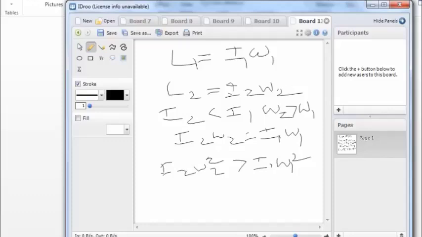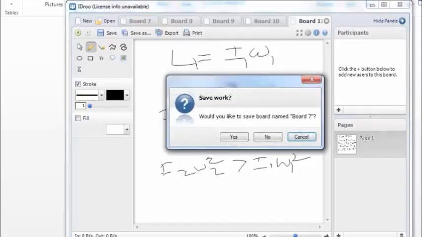So then I2 omega 2 square will be greater than I1 omega 1 square, because I2 omega 2 is equal to I1 omega 1 and omega 2 is greater than omega 1. So this relation holds good. So that means the rotational kinetic energy increases, whereas the angular momentum remains the same.